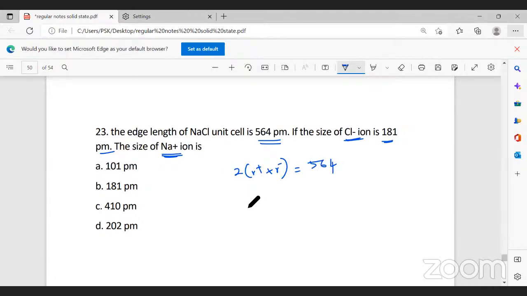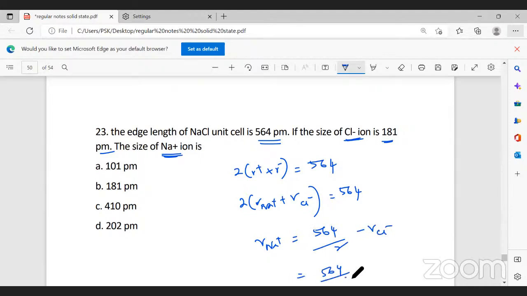So 2 into (radius of Na plus radius of Cl minus) will be equal to 564. So radius of the cation will be 564 divided by 2 minus 181, that will be equal to 101 picometers. The answer will be option A.